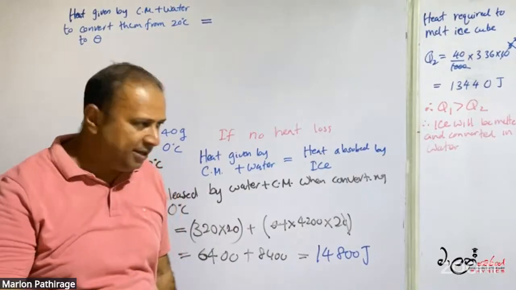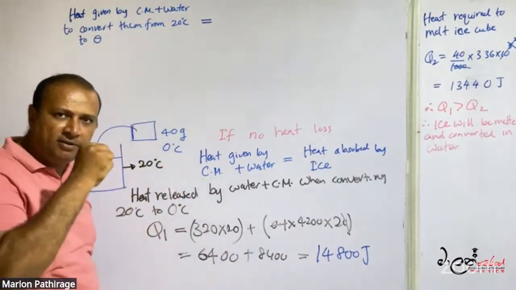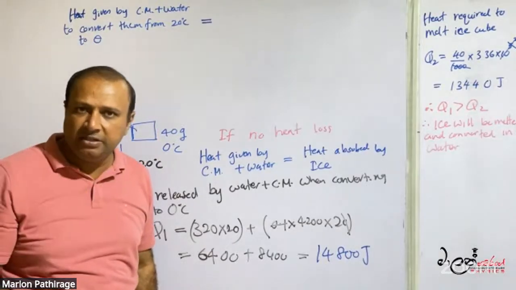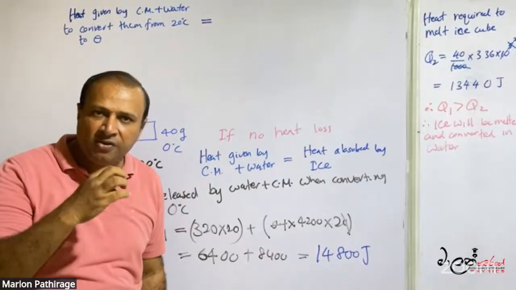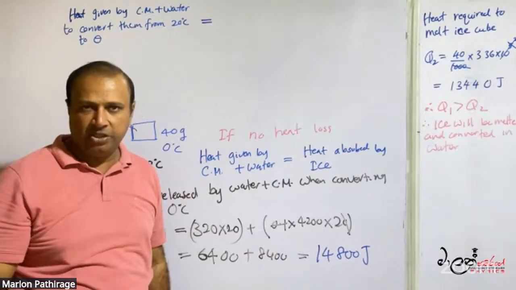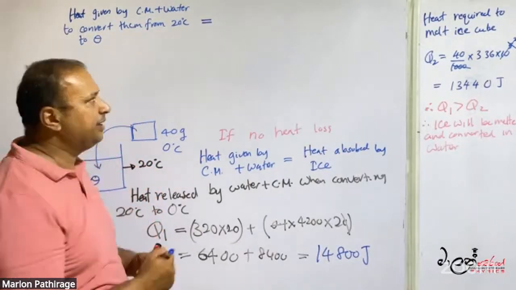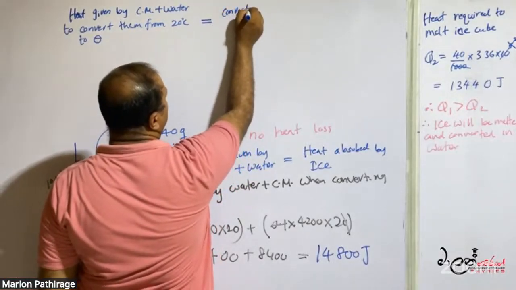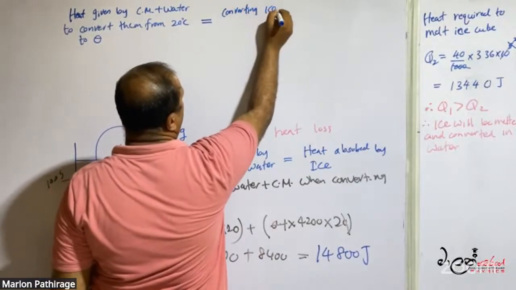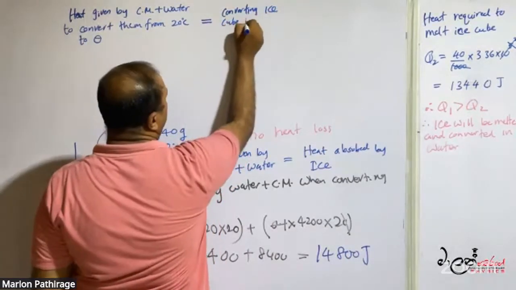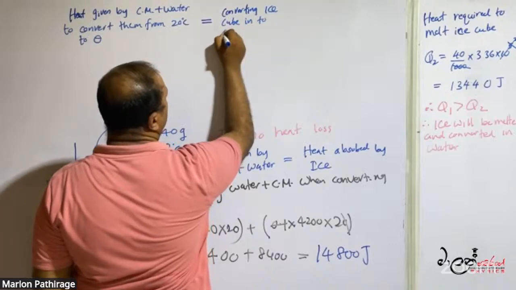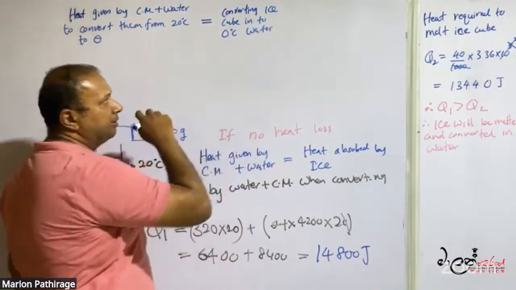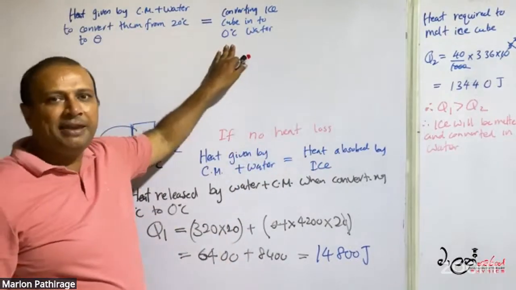Absorbing that heat, what will happen to the ice cube? It will be converted into 0 Celsius water. First, converting the ice cube into 0 Celsius water involves mL heat.